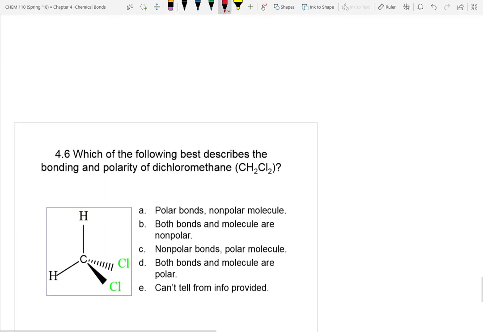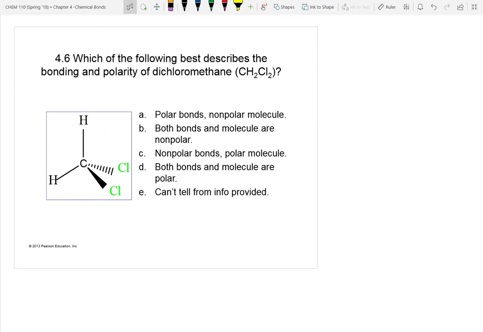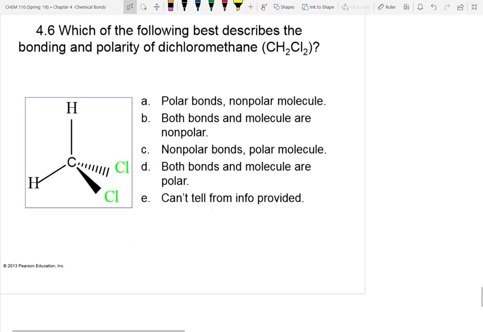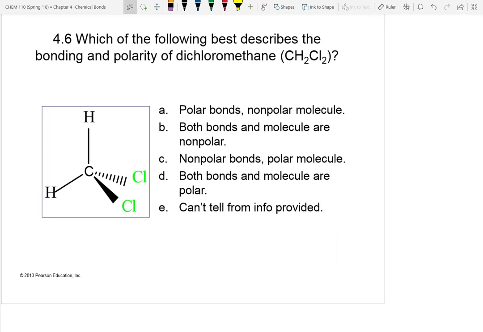All right, last but not least. Which of the following best describes the bonding and polarity of dichloromethane? I'll give you a hint. Chlorine is more electronegative than carbon.